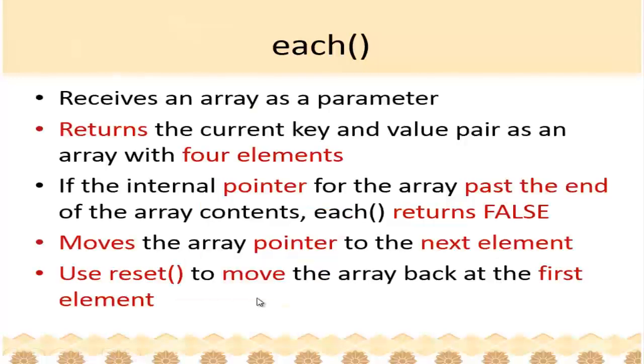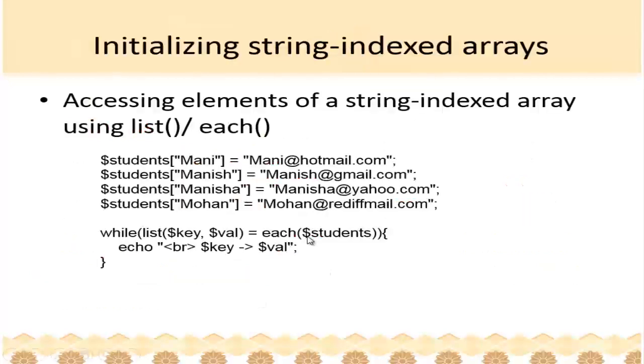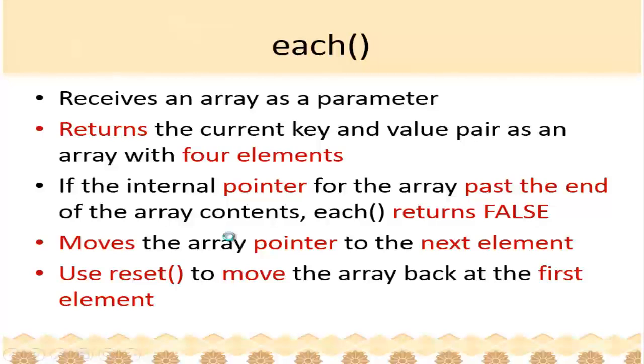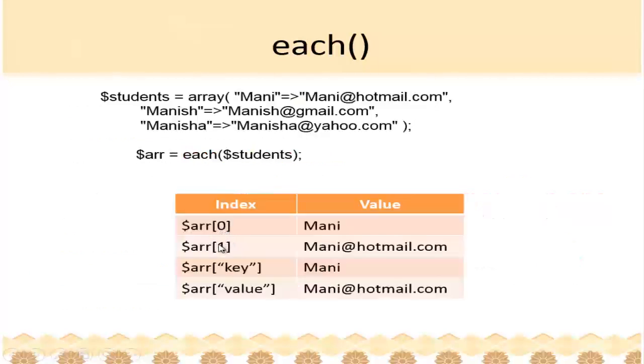So when I called this method here, it was returning 4 elements, out of which I am taking only 2 elements. So this will return the first 2 elements, which will be the key and the value pair. Again, if you go for the third and fourth elements that are returned, it will be a repetition of the same thing.